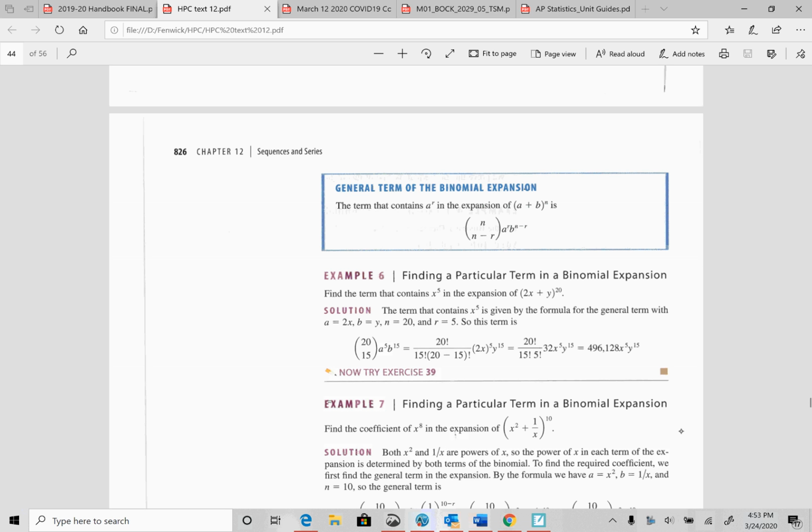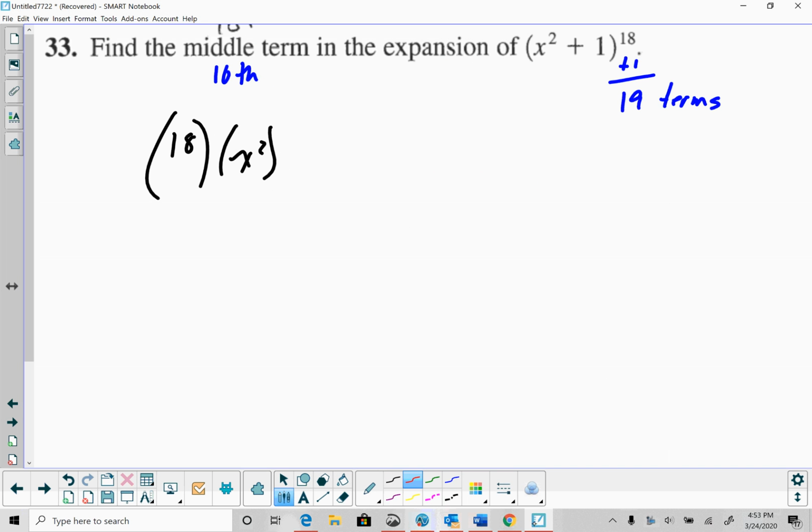Again, for both of these, if this is in fact the middle term, both of the exponents are going to be the same. So again, for that 10th term, this x squared should be to the ninth, and the 1 should also be to the ninth. Again, the sum of those exponents in every single term has to be 18. So for the middle term, yeah, both of those have to be 9. I apologize. That's got to be a 9.